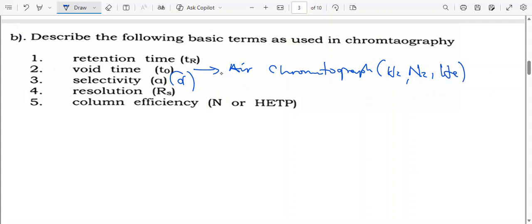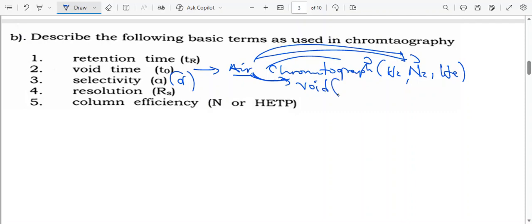So how do we handle that? The air can also be contained in these gases, so you have to be very careful. Imagine air in a gas chromatography. That air comes with the carrier gas, and you are not interested in it. The time that air takes is what we call the void time.